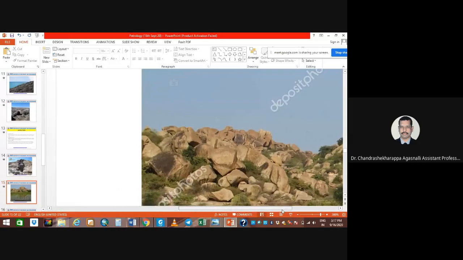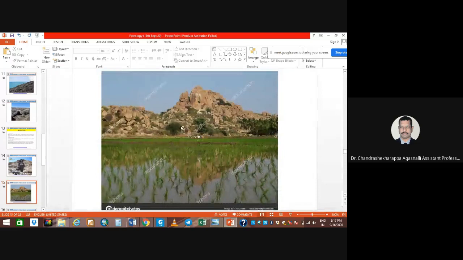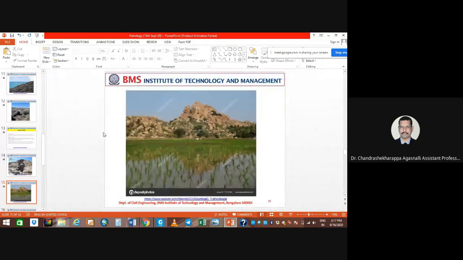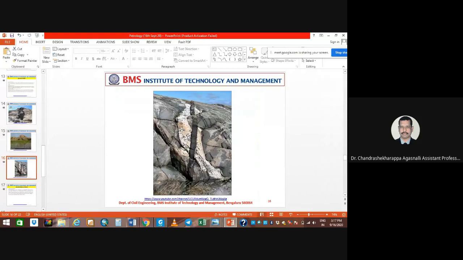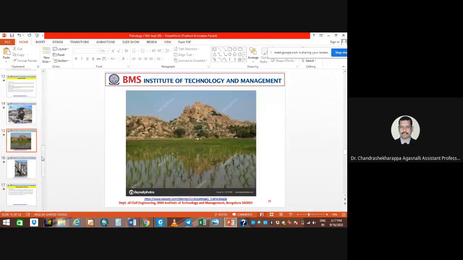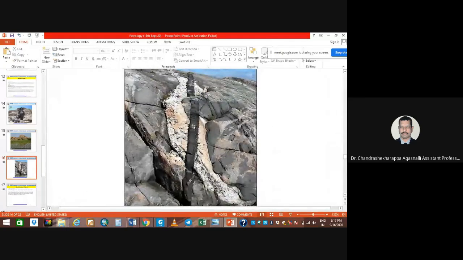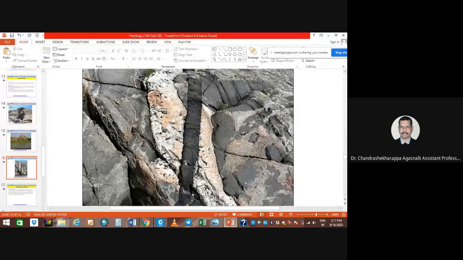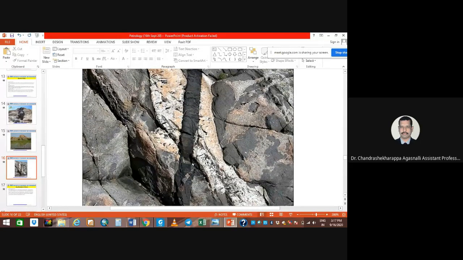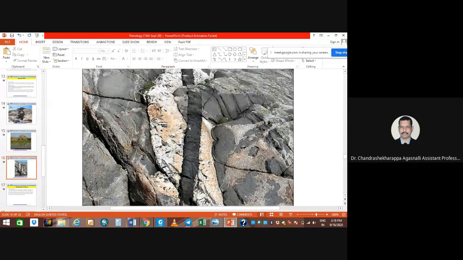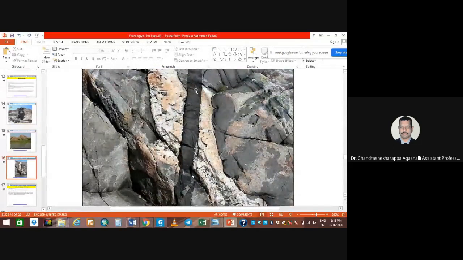Wherever you dig a borewell, definitely you will get granite down below. Here you can see how it looks. See, this is an igneous intrusion called a dike. See here, it cuts almost all these rock formations like this. This we call a dike.